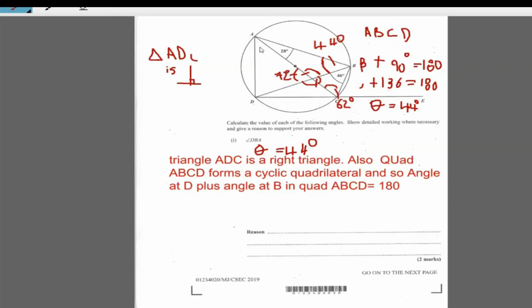And if this angle is 72, we already know that this is 90. And if this is 90, and we already know that this angle is 28, aha, this angle is 28, and this angle right here is 62. 62 plus 28 gives us 90. So now we know what this angle is. This angle is 180 minus 62 plus 72. 62 plus 72, 180 minus that. This angle is 46. It's the same as this angle.